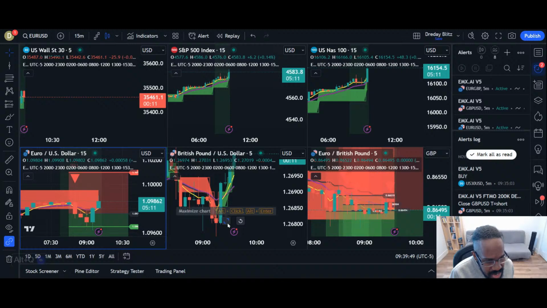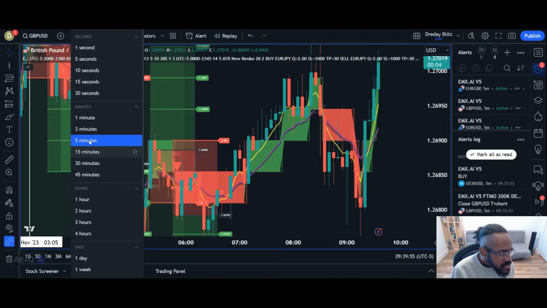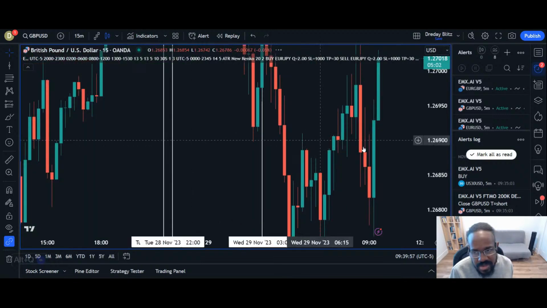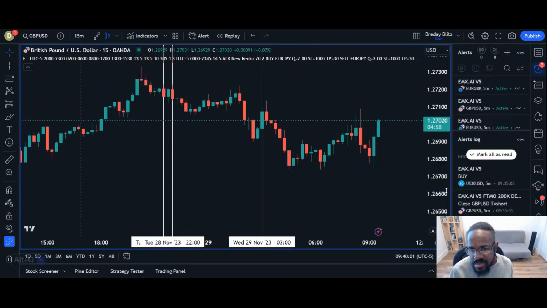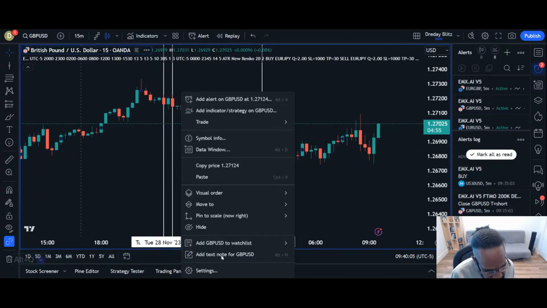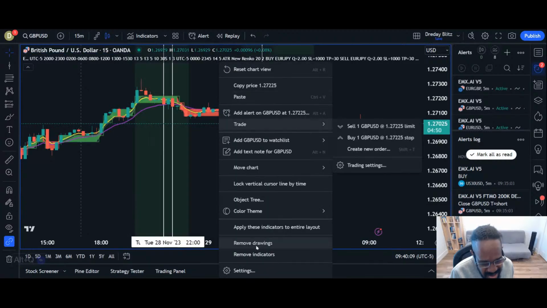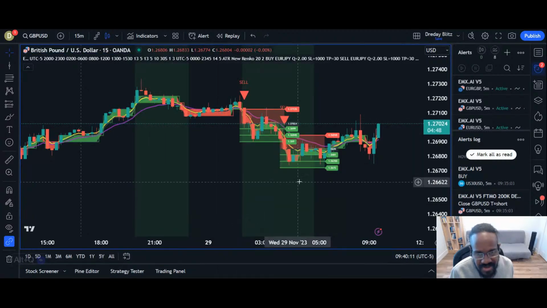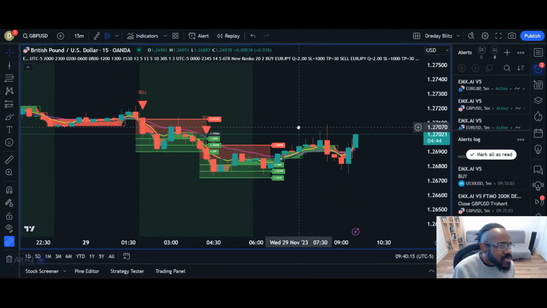So let's look at the GU. Make sure that we change the time frame to 15. There you go, and remove the drawings. So this is where we're at right now.